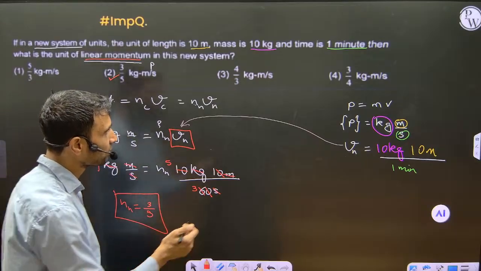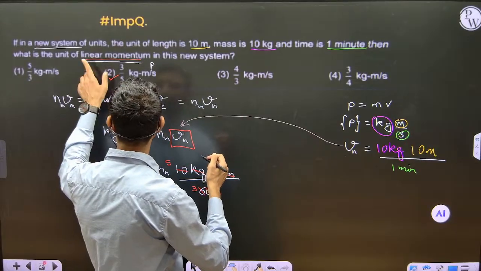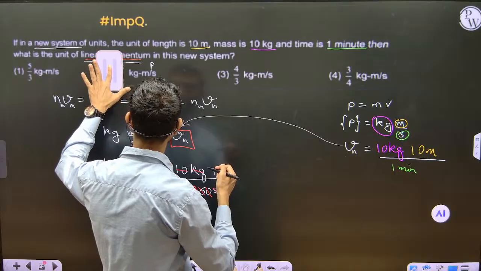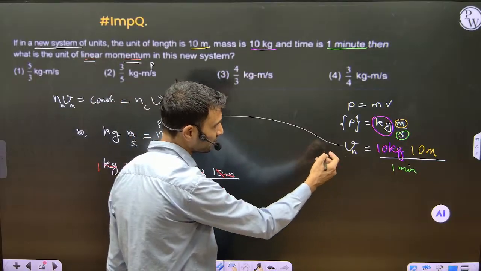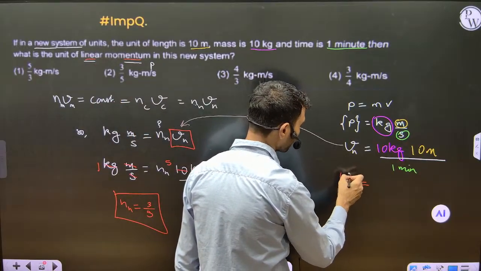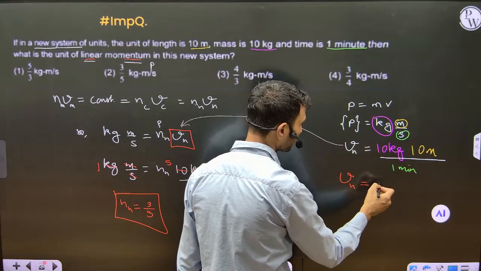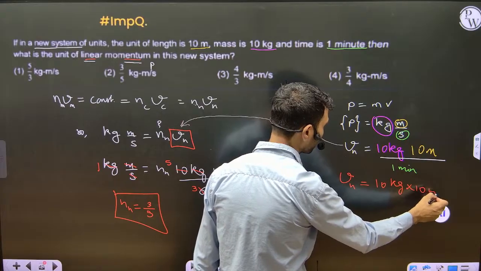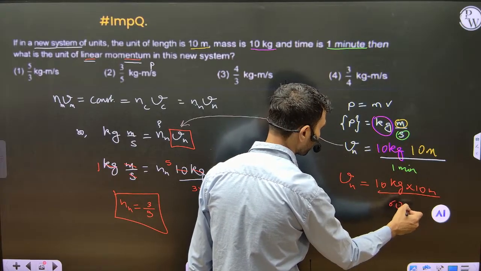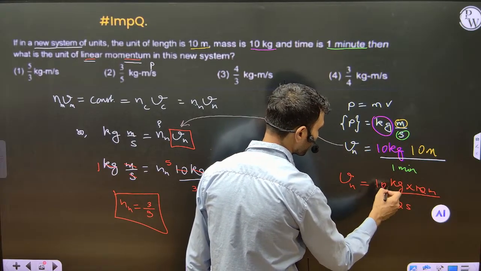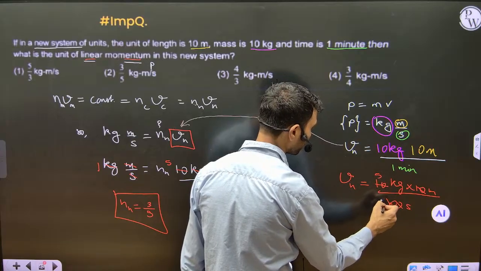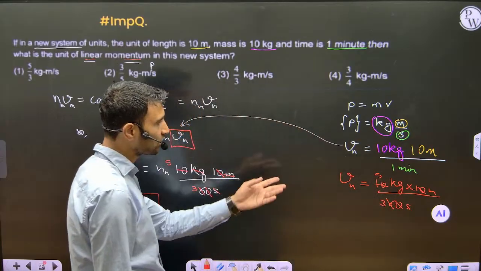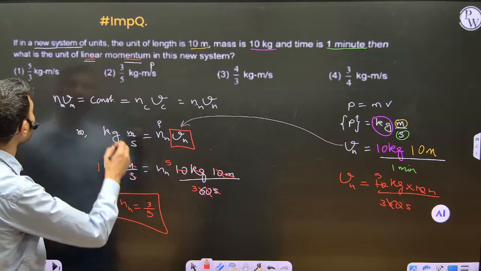So un we have already calculated. That is 10 kg into 10 meter divided by 60 seconds, and that gets cancelled, and you get 5 by 3. So 5 by 3 kg meter per second.